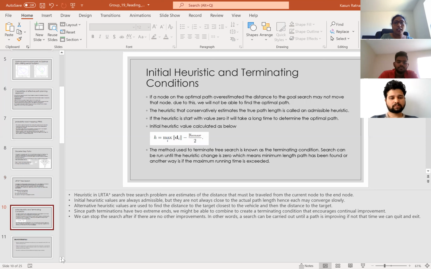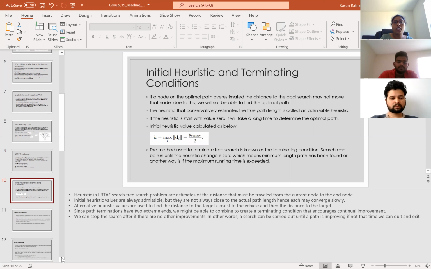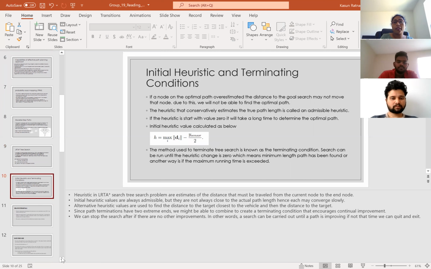Next, we will be discussing initial heuristic value and the terminating conditions. The heuristic values in LRTA star search are estimated based on the distance that must be traveled from the current node to the other node and the next node.